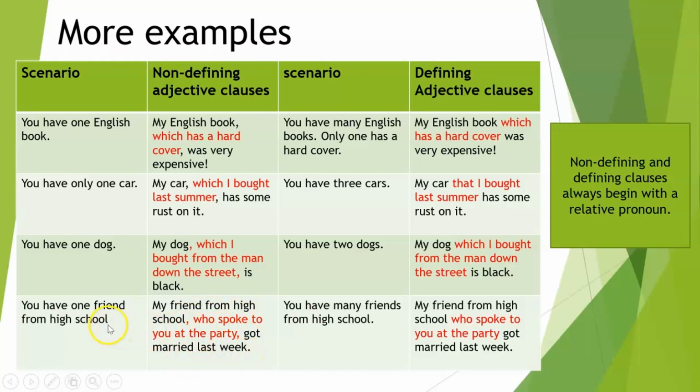That would be fine. You only have one friend from high school. But what if you have many friends from high school? If you say, my friend from high school got married last week, they'll say, oh, which friend from high school? And then you can say, my friend from high school who spoke to you at the party got married last week.